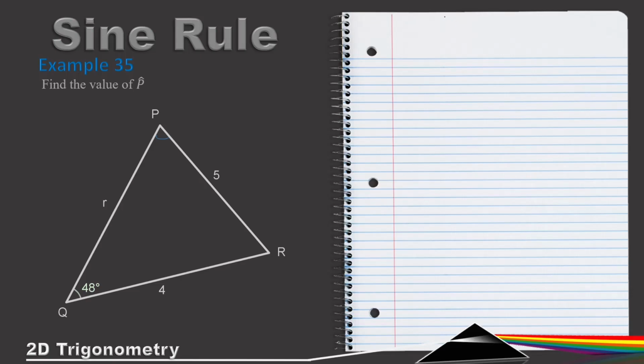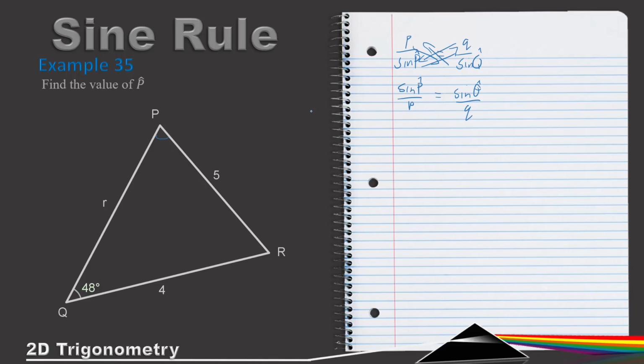Now we know the formula goes like this, where we have P over sine of angle P equals Q over sine of angle Q. But when we want to solve for an angle, it's easier to write it in this form, where we have sine of angle P over P equals sine of angle Q over Q. And we can do that because we can manipulate this form, like we can take that up, bring that down. So we are allowed to write our formula in this way. And I would highly recommend it when you want to solve for an angle. It's just easier to solve that way.